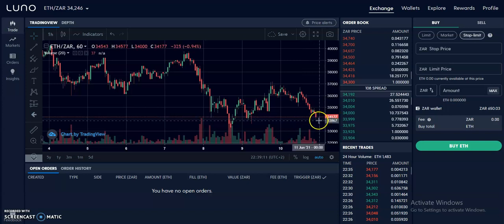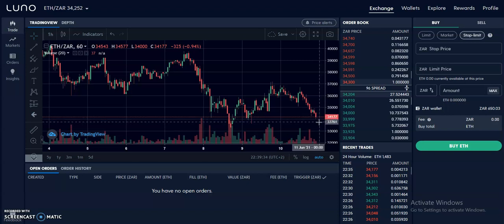So currently the market's sitting here, roughly around 34,200. But if you have a look at the graph, one of the big things in trading is the word retracement, which is quite a fantastic word. The market very often retraces back to previous values.